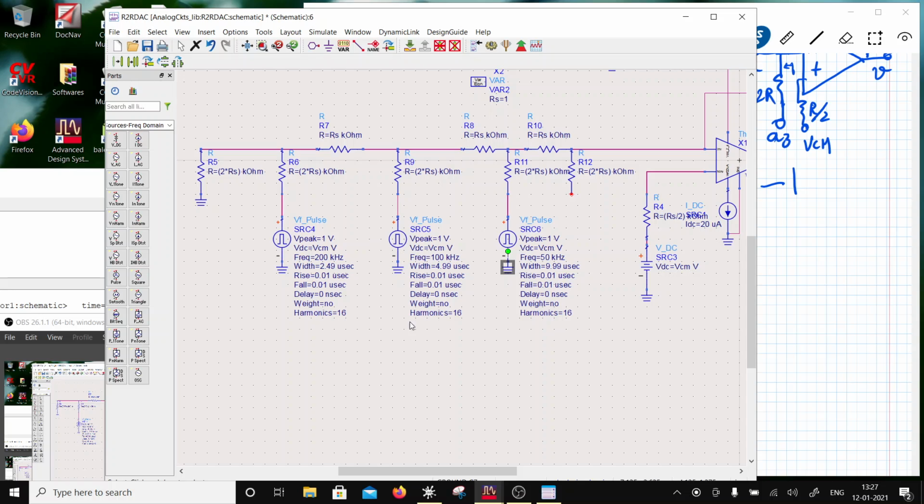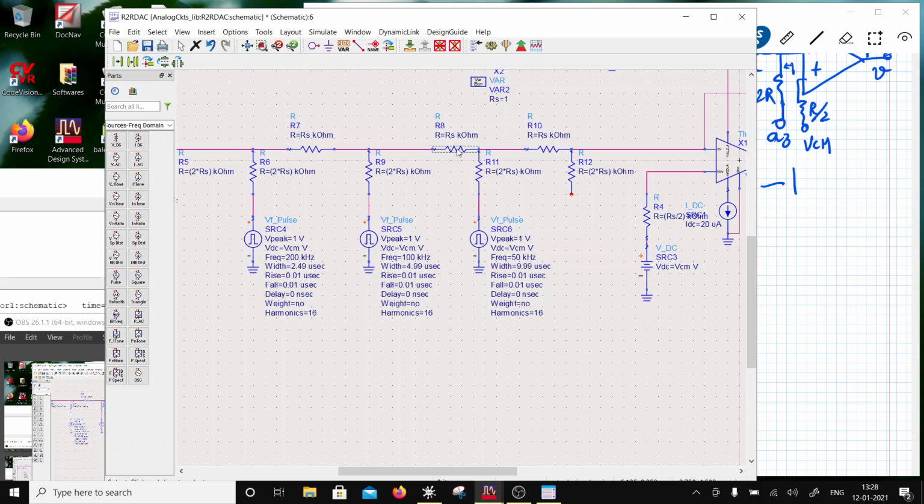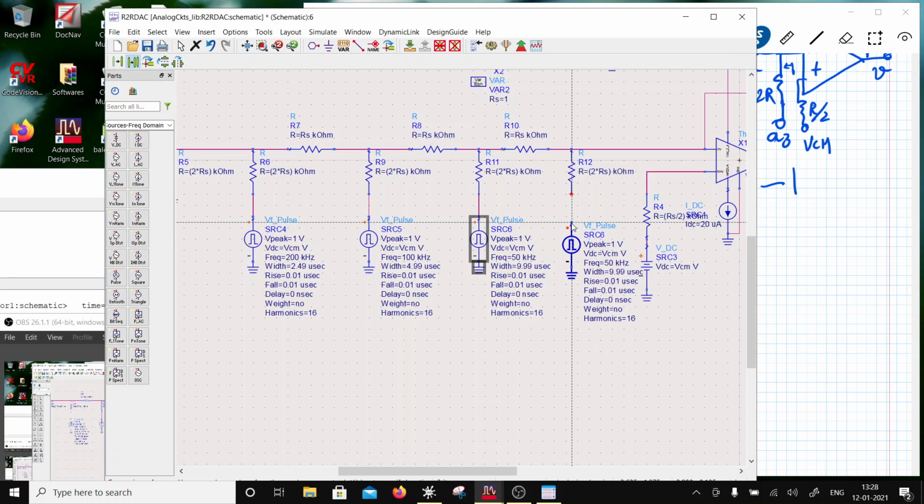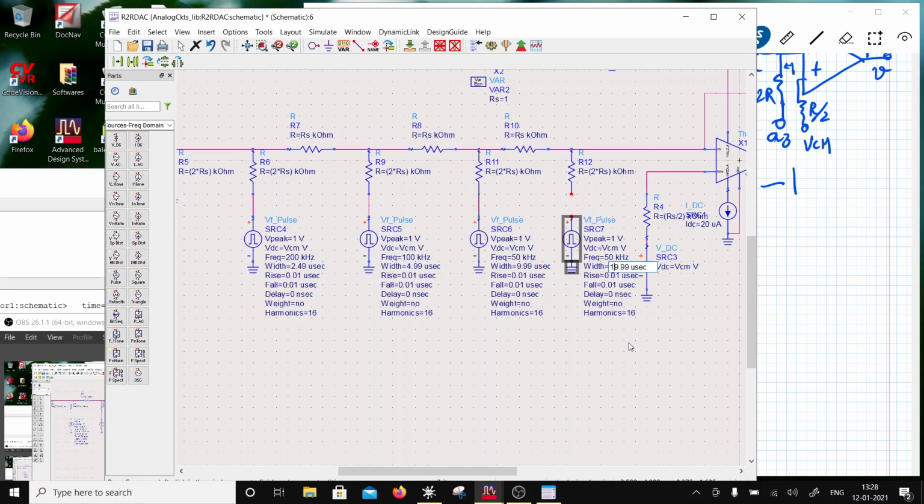And then the next one I'm going to put here is, just copy this, 25 kilohertz. Okay, so this will be 19.99. This is going to be 25 kilohertz.